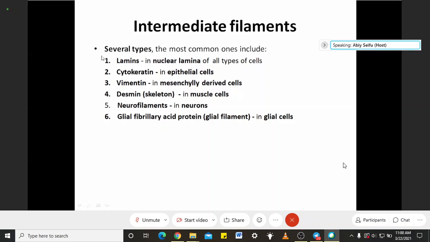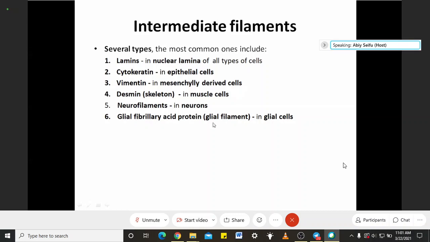In this manner, you are able to mark and label this group of intermediate filaments, making them visible, so that you can conclude that the cells containing them belong to these categories.